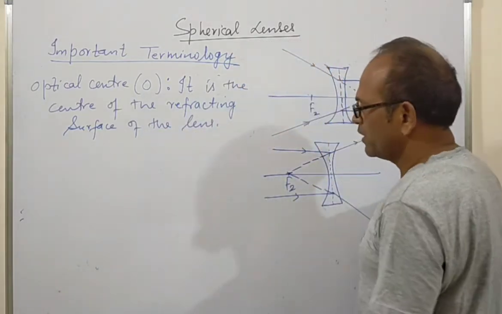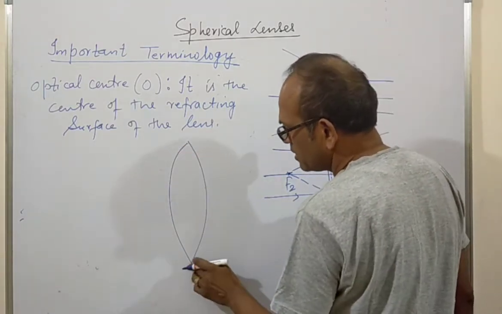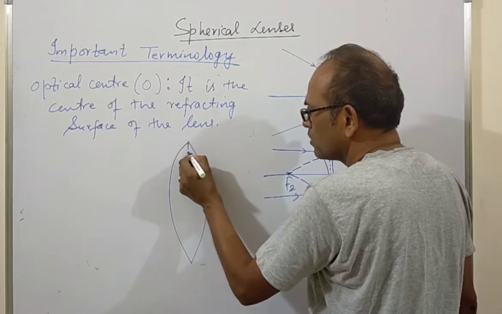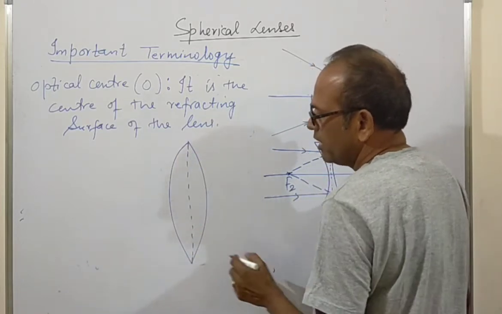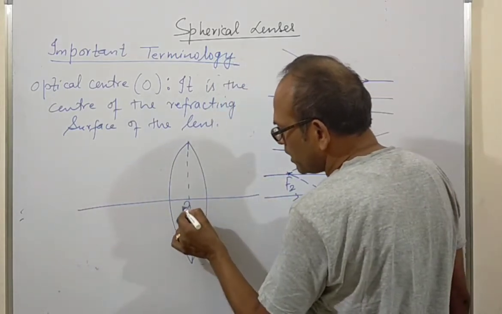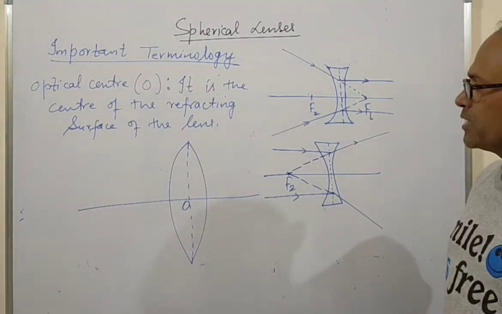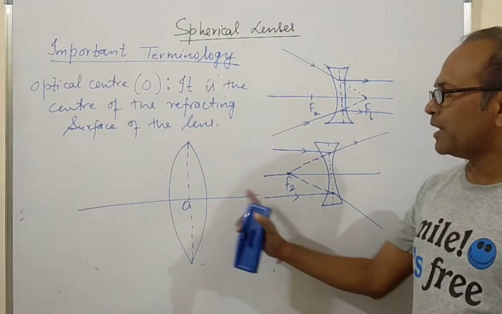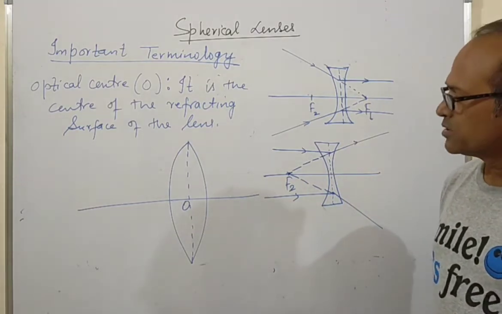Okay, so for example, I take one convex lens. Okay, so this is the axis of symmetry and in equal parts. So this point is the optical center. Okay, optical center. So the principal axis passes through the optical center.